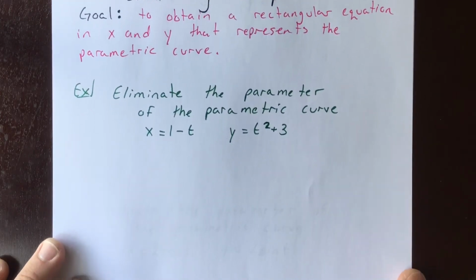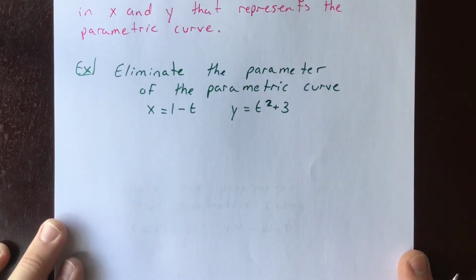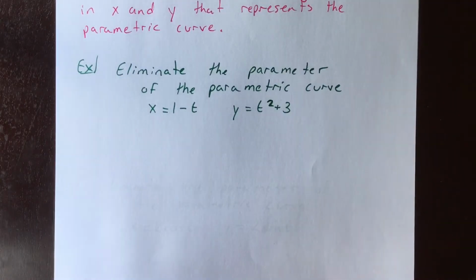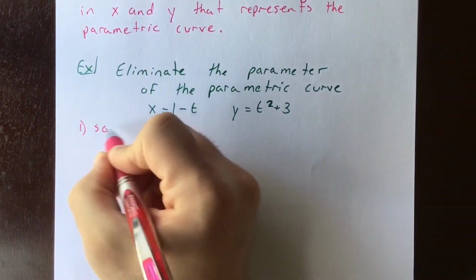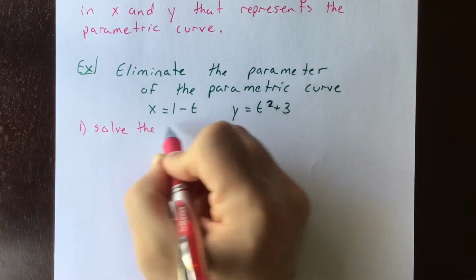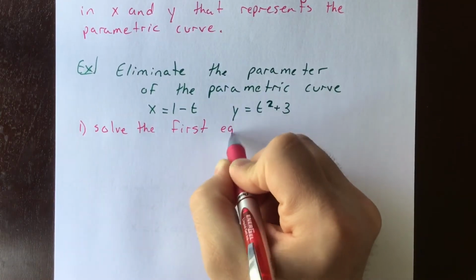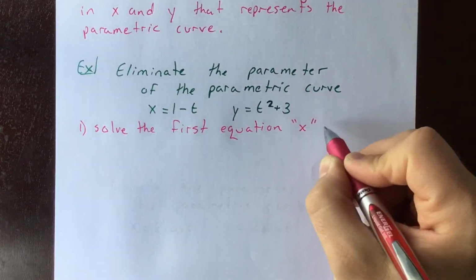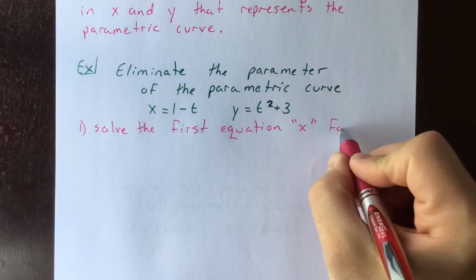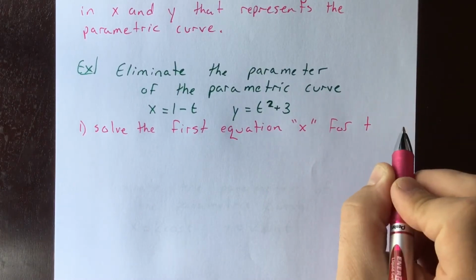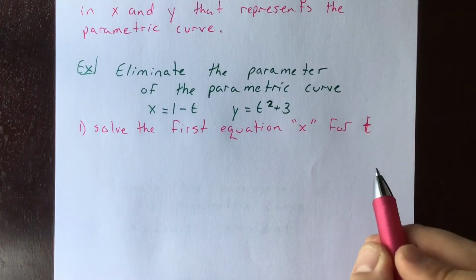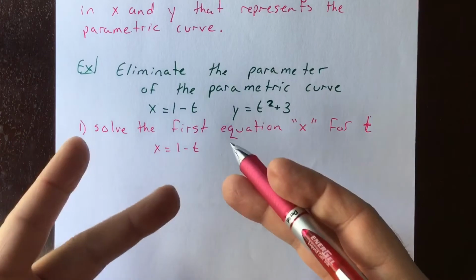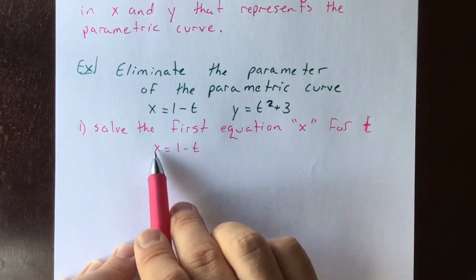Eliminate the parameter of the parametric curve x equals 1 minus t and y equals t squared plus 3. The very first thing we have to do is solve the first equation, the one that's x equals, for t. If I have x equals 1 minus t, to isolate t, I'm adding t to the left side.